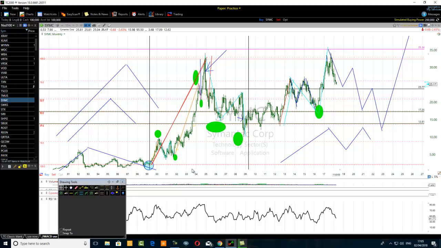One way that we can use the broader viewpoint of Elliott wave forecast is to apply it like this: we see now Symantec forms this particular pattern because it belongs to a specific group, in this case the Nasdaq 100, the technology sector. We'll now go and look at other technology stocks that belong to the same group and try to compare them to this specific broader view price structure. All right. So I'm going to go down very fast.